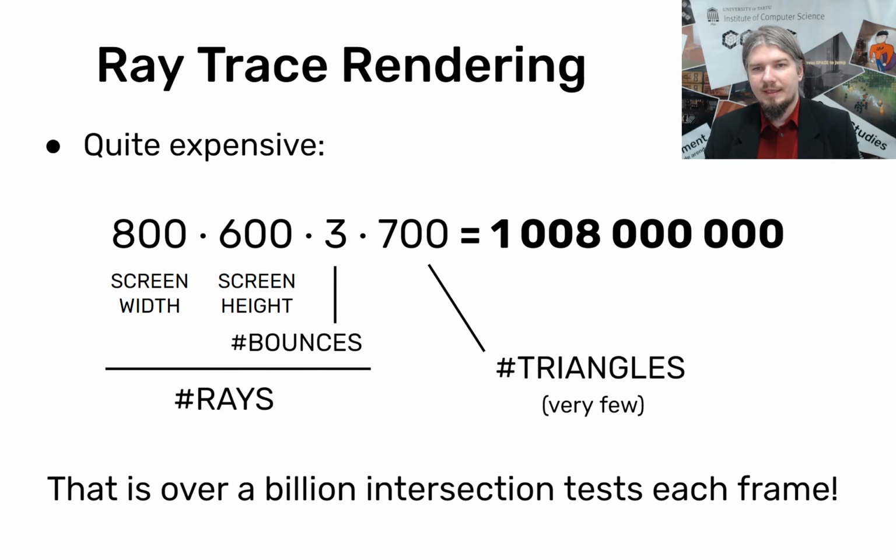Now, ray trace rendering can be quite expensive. Let's say we have a screen with width 800 and height 600, and let's say that we do 3 bounces, or this could be just additional rays that we shoot for every pixel. It could be a shadow ray, could be a reflection ray, maybe a refraction ray, or we shoot 3 different rays in different directions, or we do a 3-hop trace.